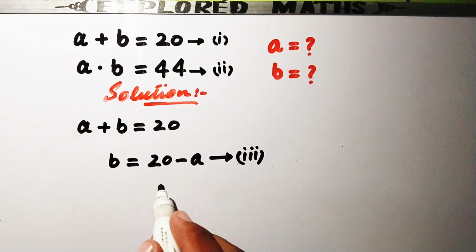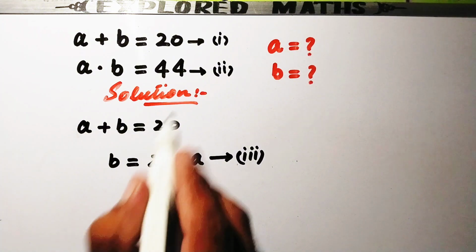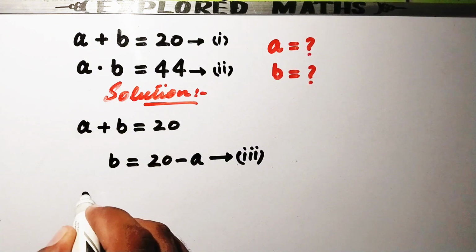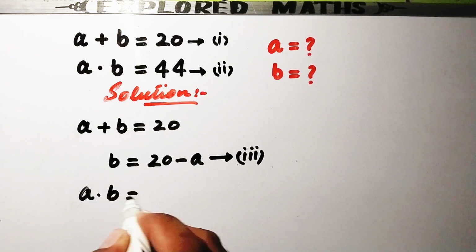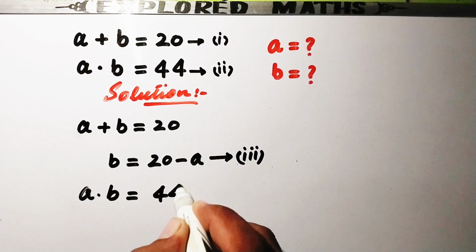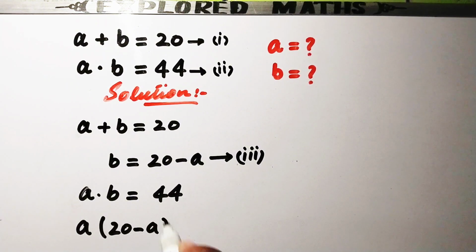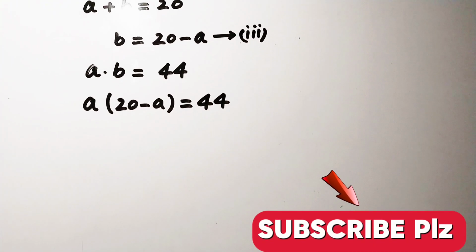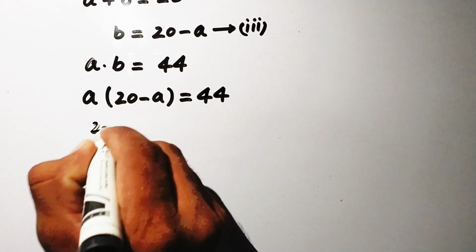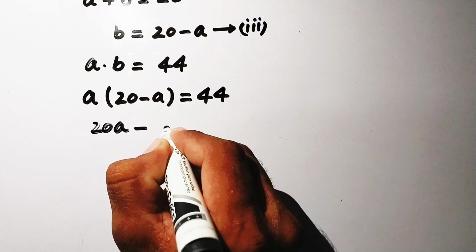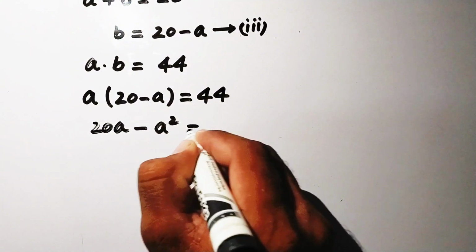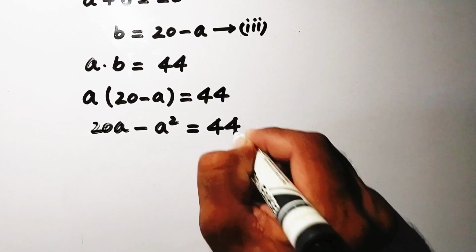Now putting the value of b from equation number 3 in equation number 2, that is a times b equal to 44, here will be a times (20 minus a) equal to 44, that is now equal to 20a minus a square equal to 44.